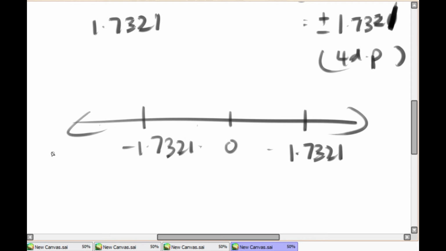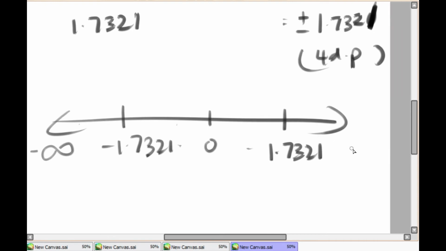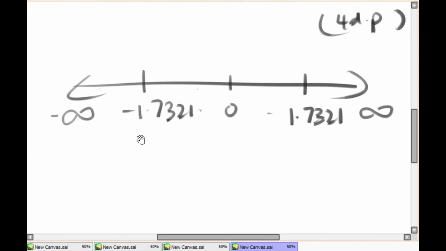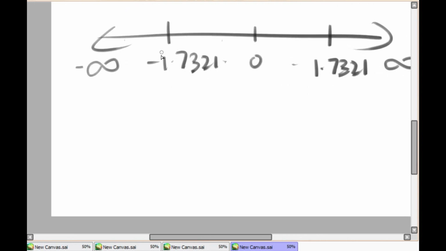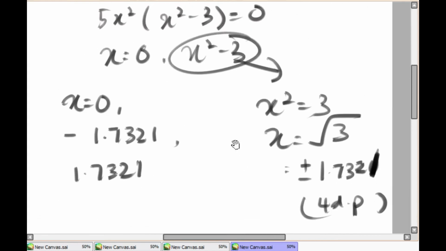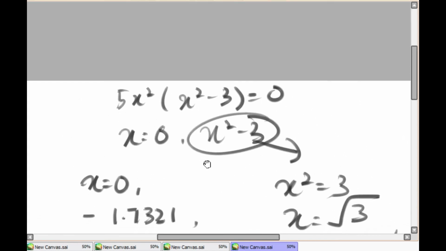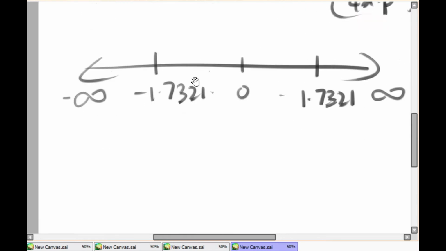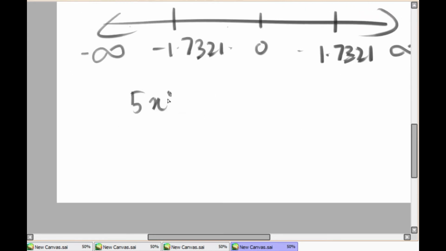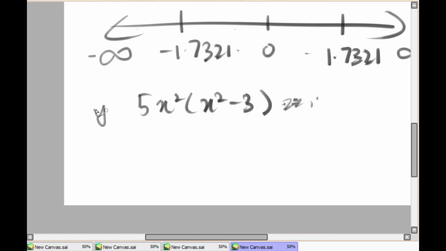The ends of this number line are established as infinity and negative infinity. We're going to be using the function we've got here, 5x squared times x squared minus 3. This is our function f'(x).